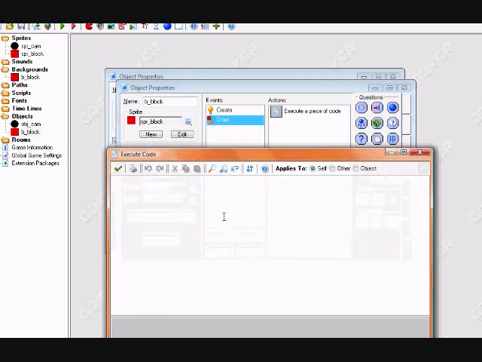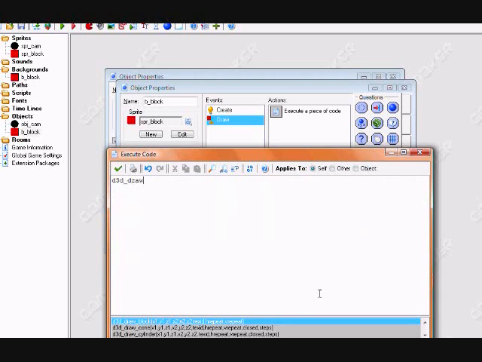Okay, and then under the draw event, because once again this needs to be done at draw time, d3d_draw_block. This will make a primitive shape. There's three parts to this too. You type in the location of one vertex, the location of the opposite vertex, or corner, whatever you want to call it, and then the texture and how many times you want the texture repeated.